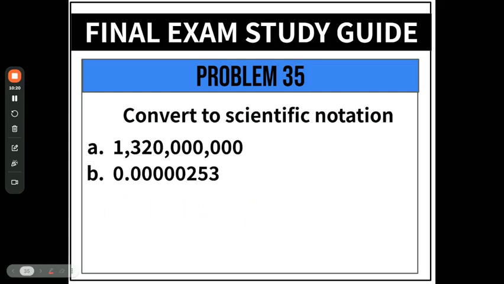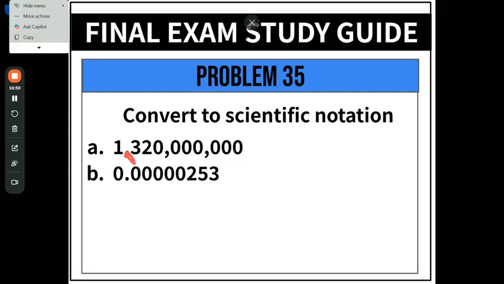Problem 35, convert the following to scientific notation. Now, if you'll recall, the rules of scientific notation state that the first number needs to be between 1 and 10. So for part A, I need to ask myself, where would the decimal be if my number was going to be between 1 and 10? Well, I would put it right here, right? So that's the number I'm going to start with.